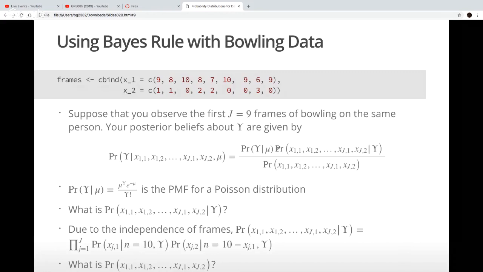How would we calculate the denominator piece? Conceptually, you don't have to calculate it by hand.